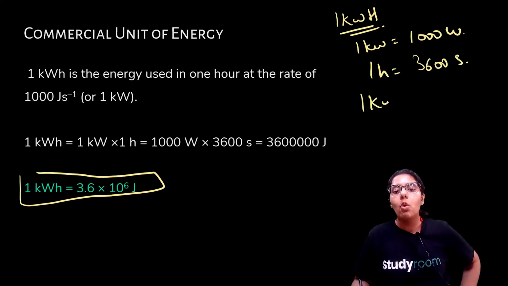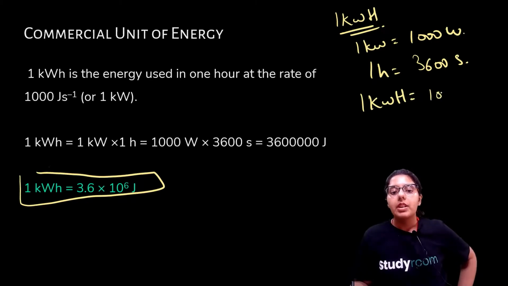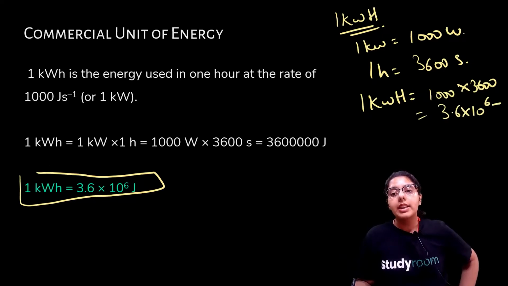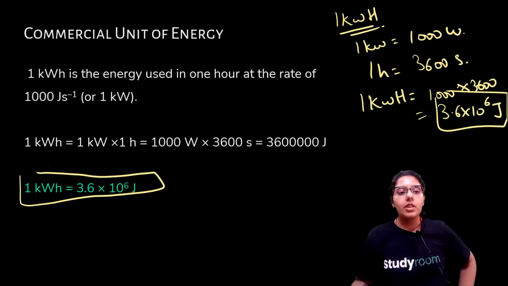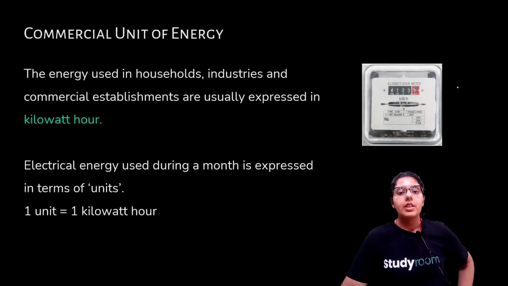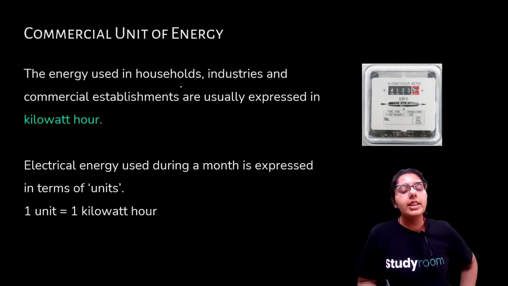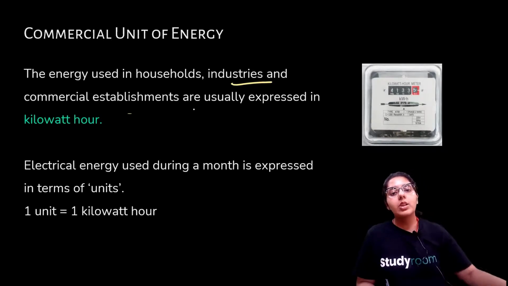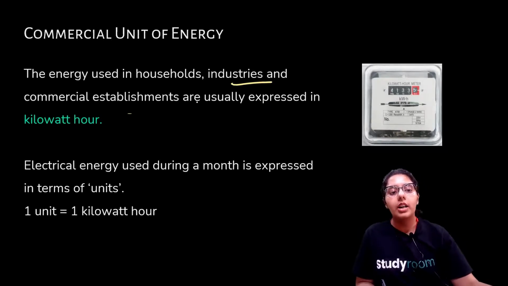So 1 kilowatt hour is 1000 into 3600. That is your 3.6 into 10 to the power 6 joules. The energy used in households, industries and commercial establishments is usually expressed in kilowatt hour. Electrical energy used during a month is expressed in terms of units.